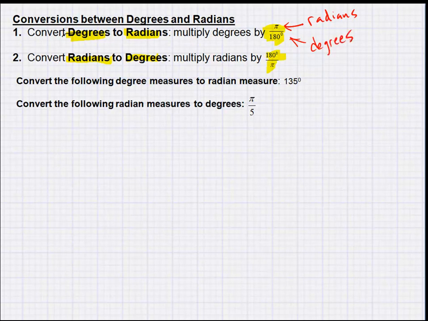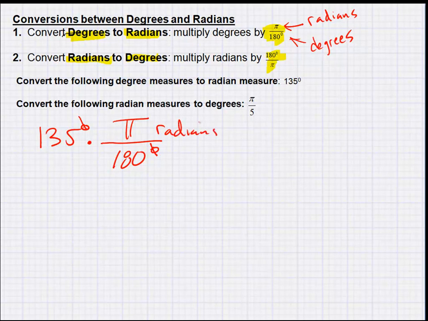So I'm starting with 135 degrees and I want to convert that to radians. I'm going to multiply by something that has degrees in the denominator so that degrees will cancel. The 180 goes in the denominator, so pi will be in the numerator. Now my degrees cancel and I'm left with radians, which is what I want.